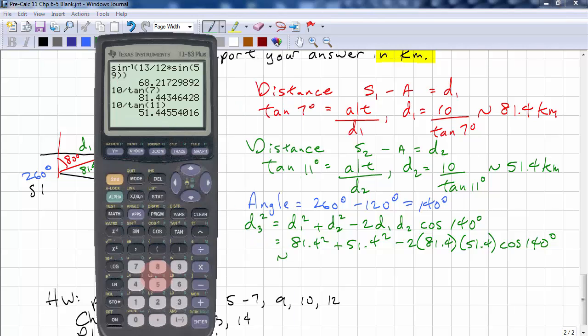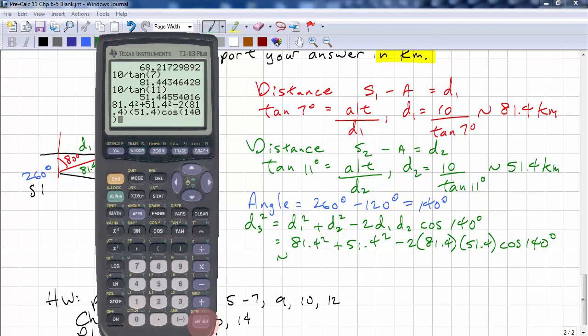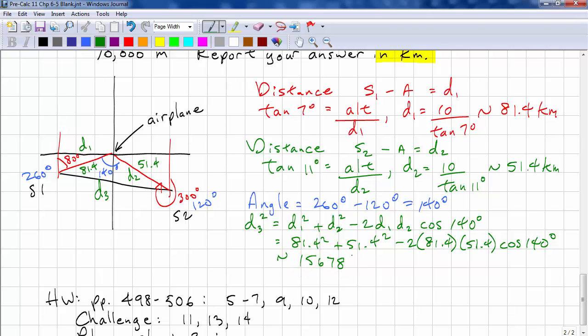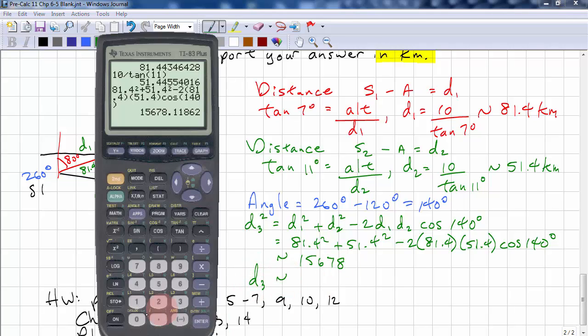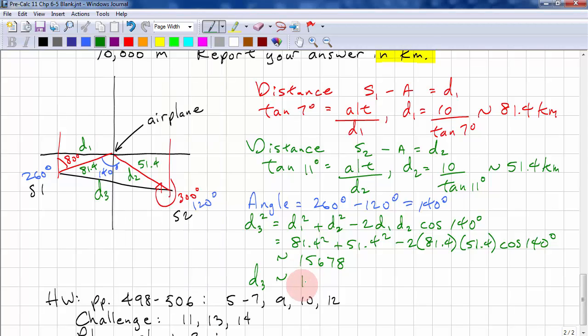And that is approximately 15,678. And the square root is approximately 125 kilometers. And that completes this lesson.